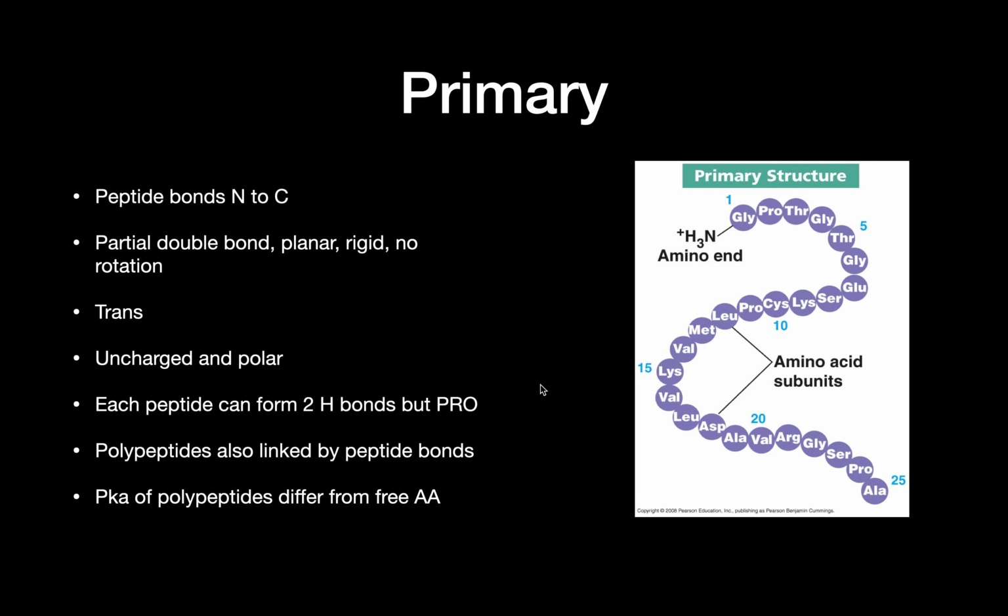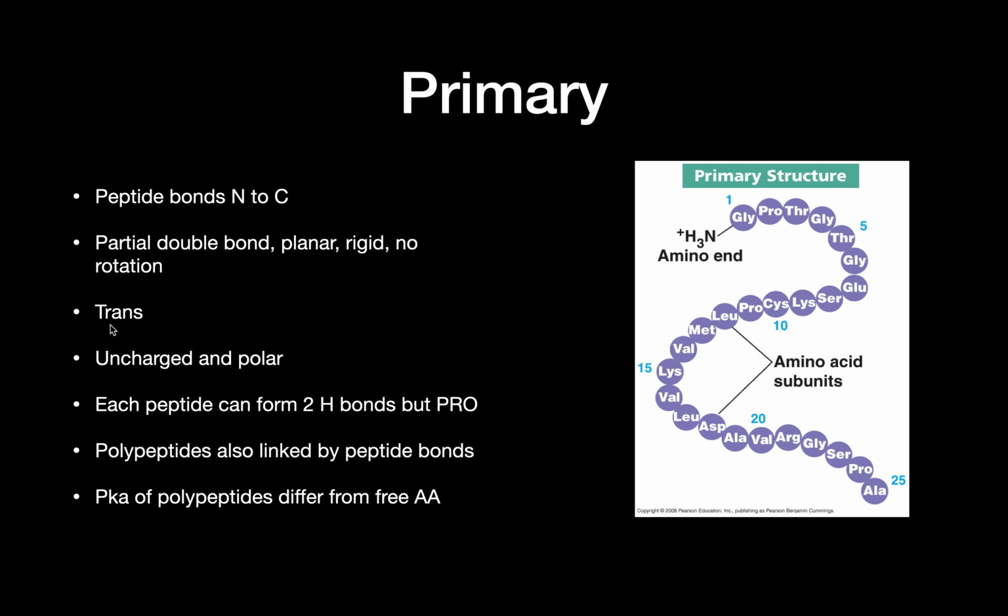And moving on to the primary structure. Primary structure is linked together using peptide bonds, and peptide bonds are always nitrogen to carboxylic acid, so it's always N to C. The peptide bonds are partial double bonds, so they're a little bit shorter than a single bond and a little bit longer than a double bond, and they are planar and rigid, and it prevents rotation.